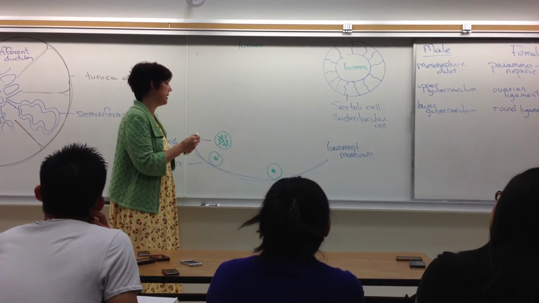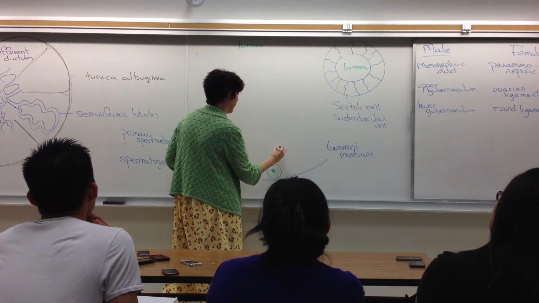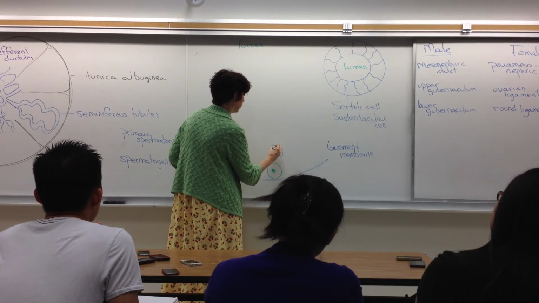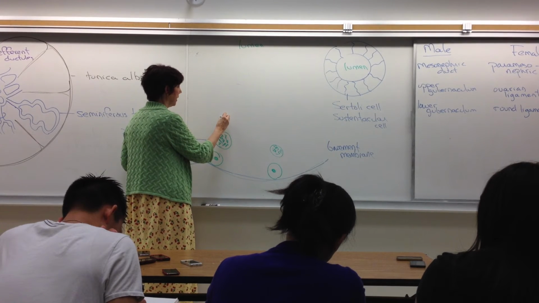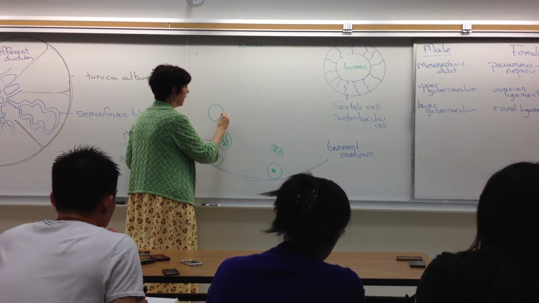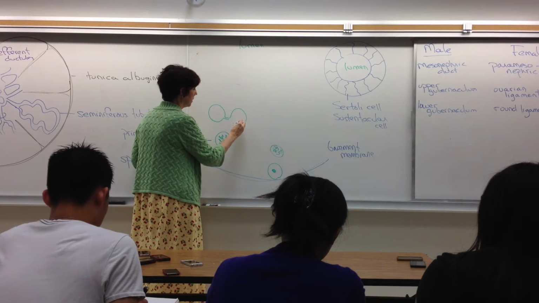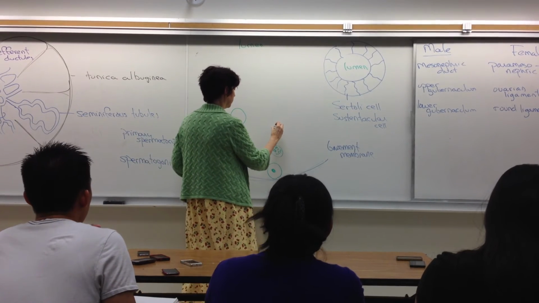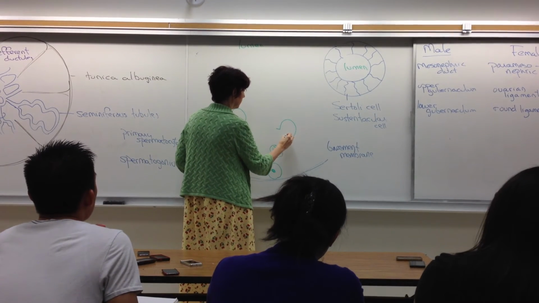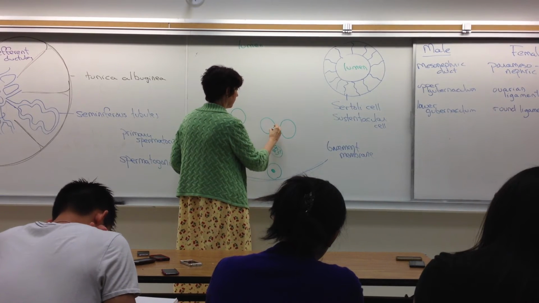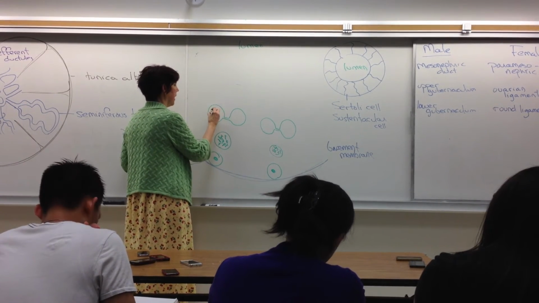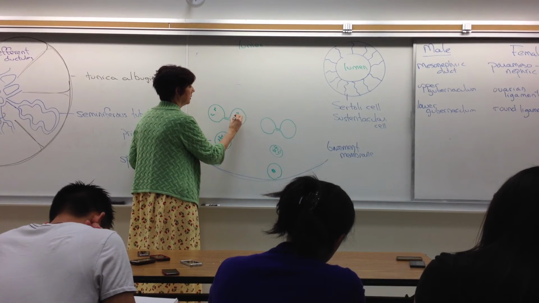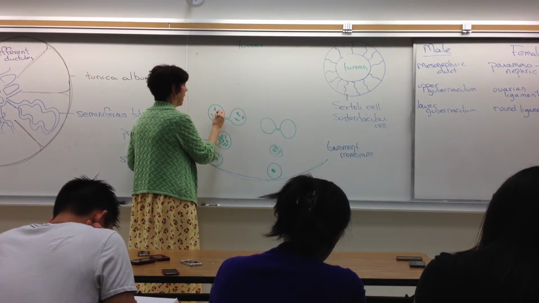Then this cell undergoes meiosis. It actually divides. This one is doing the same thing over here. This cell divides, but a small cytoplasmic bridge remains connecting the two. The chromosomes separate in a meiotic form, so we don't have a full complement.